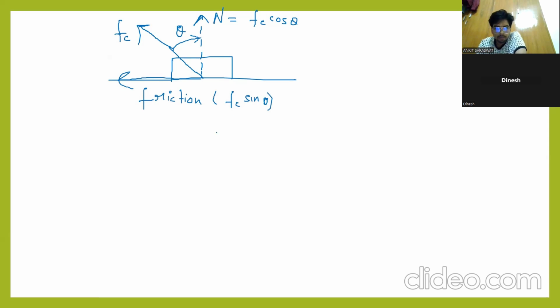Now for the direction: for example, this block is placed on this block like this. So this is the surface in contact. If I draw here, friction will be parallel to this, like this. This is the direction of friction. It is always tangential to the surface.